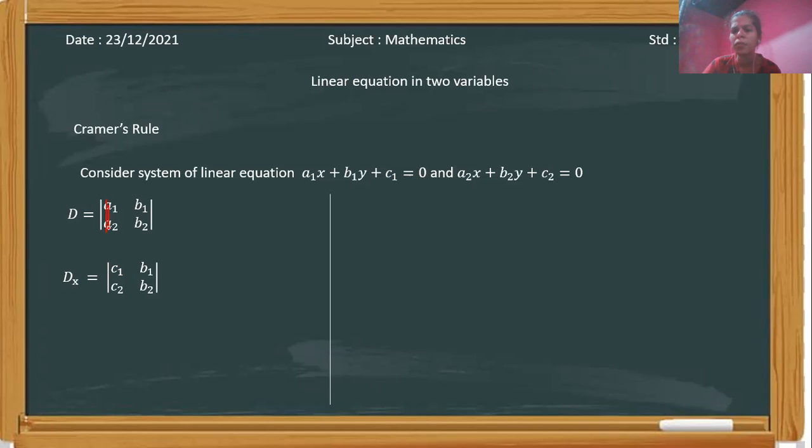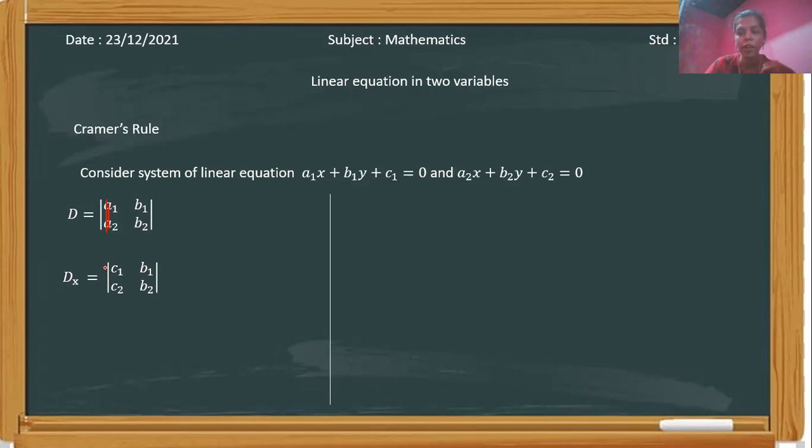A1 and A2 are the x coefficients. So we removed these x coefficients and substituted the constants in the place of the x coefficients. The constants are C1 and C2. So we have found the determinant of x by removing the coefficients of x, substituting the constants here and finding the determinant. This is the second step.